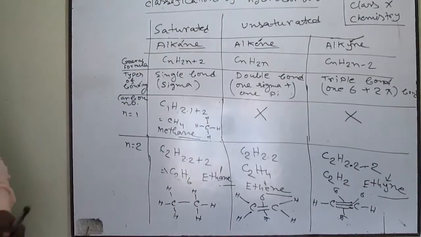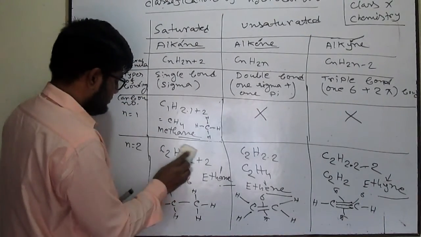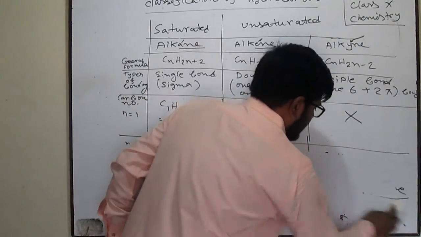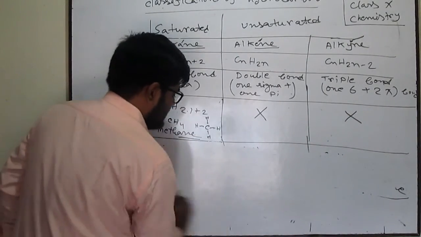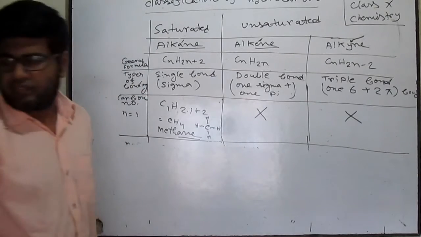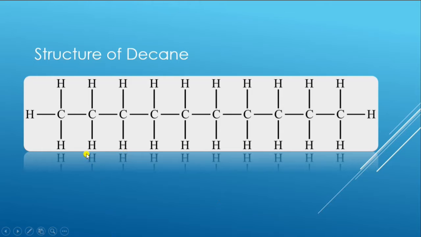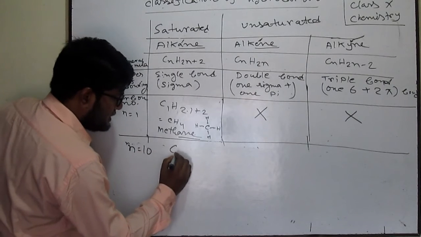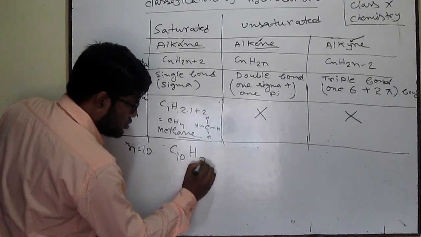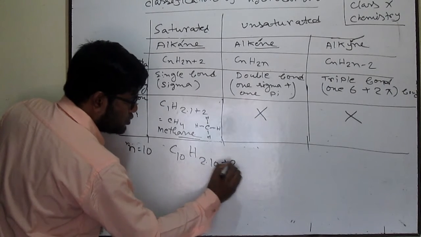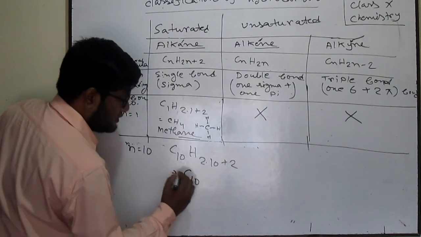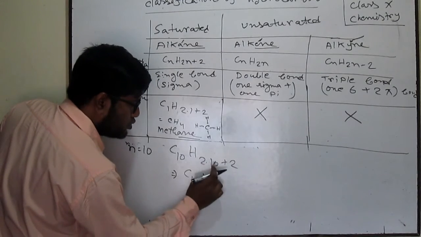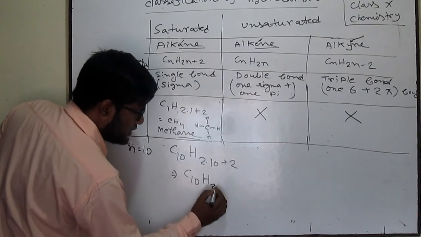Similarly, if you write different types of alkane, alkene, alkyne, suppose the value of n is 10, then C10 is 2 into 10 plus 2, that is 2 tens are 20 plus 2, that is 22.